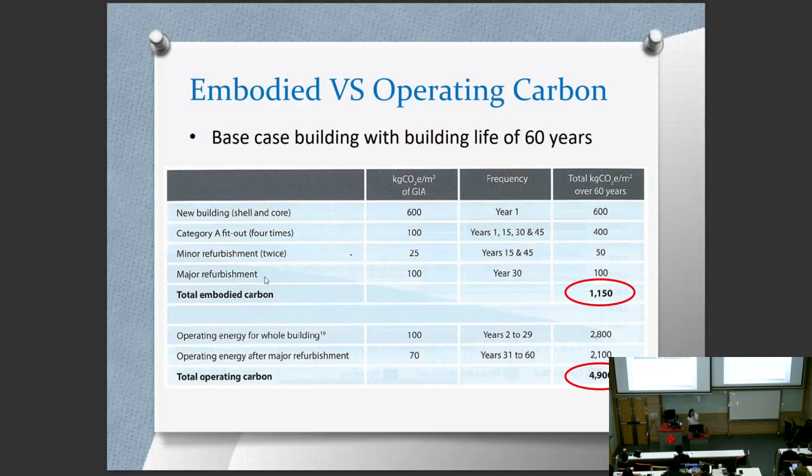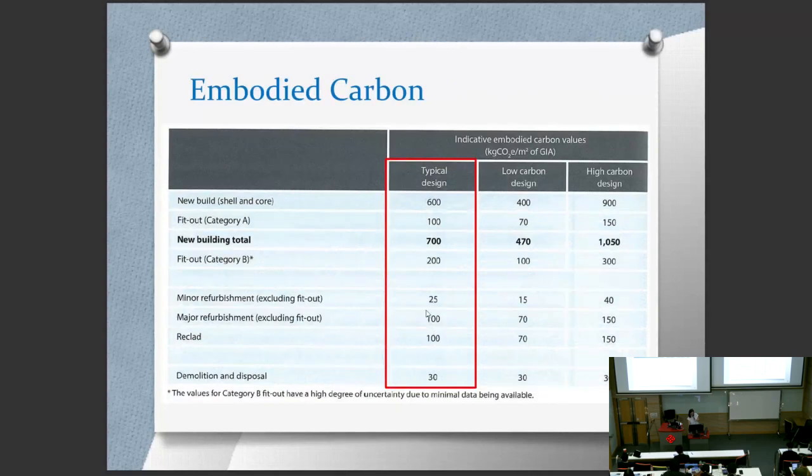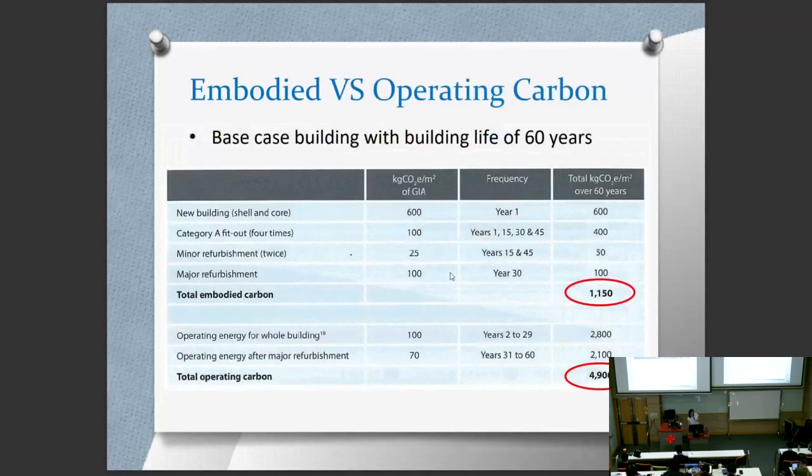And for major refurbishment, 100, and only once. So the total would be 1,150. This is the total embodied carbon for a typical office in the UK, including the initial embodied carbon and the recurring embodied carbon due to refurbishment, renovation, and fit out.